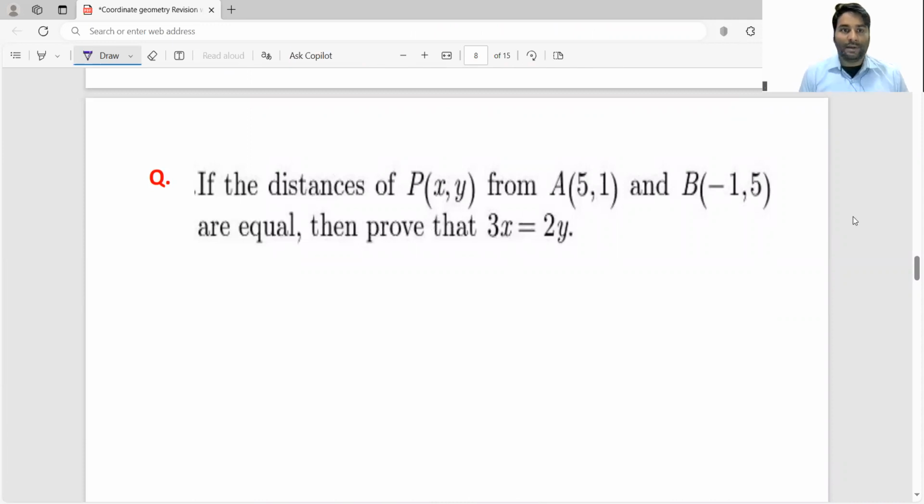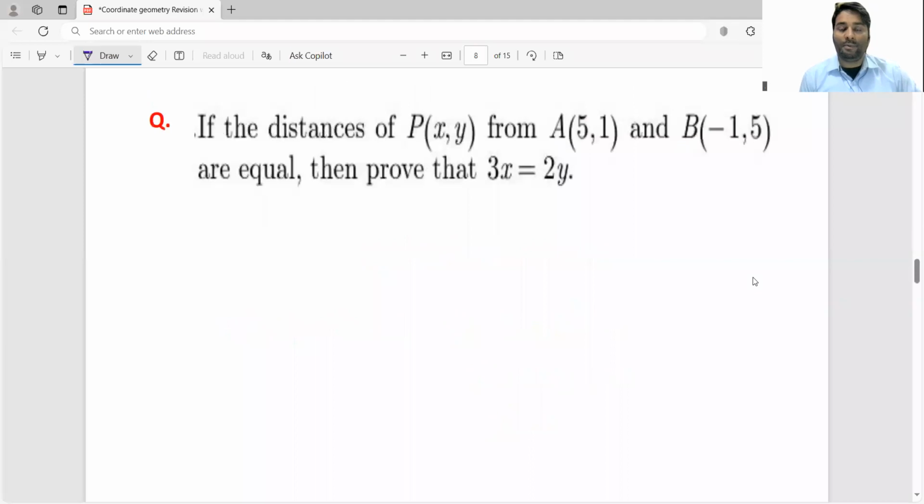Here we have: if the distance of P (x, y) from points A (5, 1) and B (-1, 5) are equal, then prove that 3x is equal to 2y. Again, it's the same kind of question, and using the distance formula you can easily solve this.